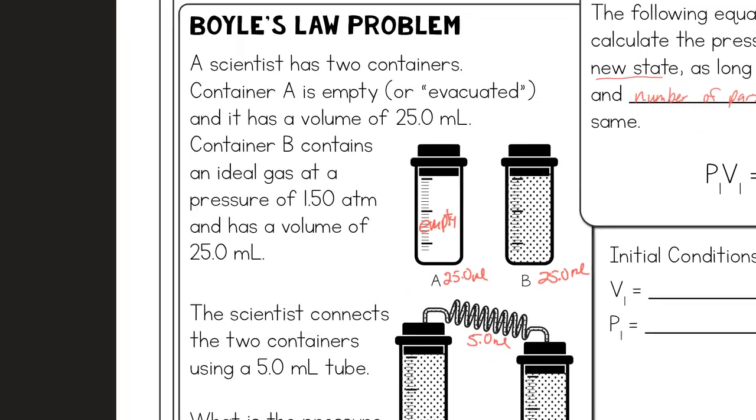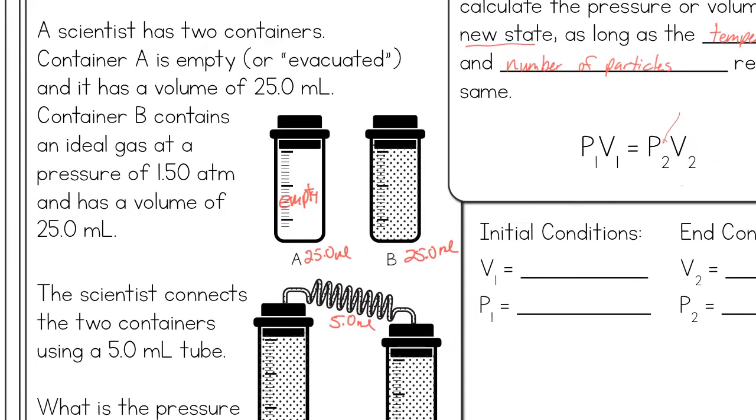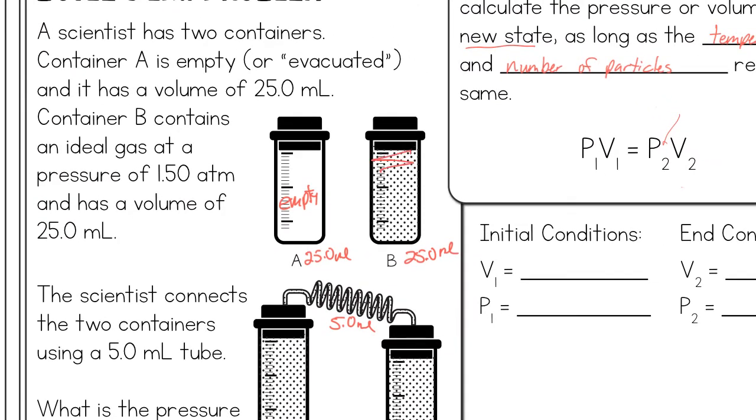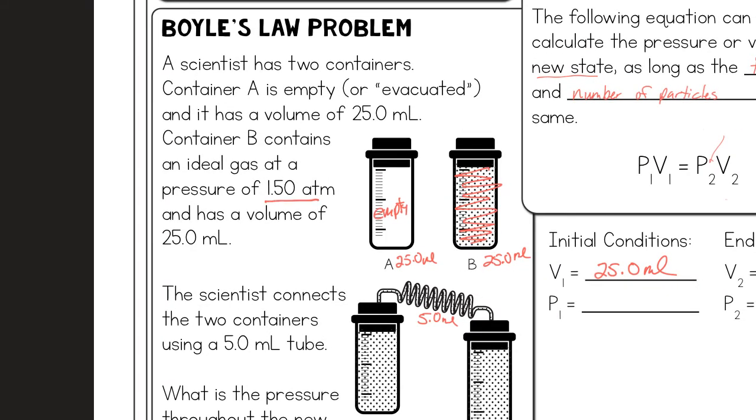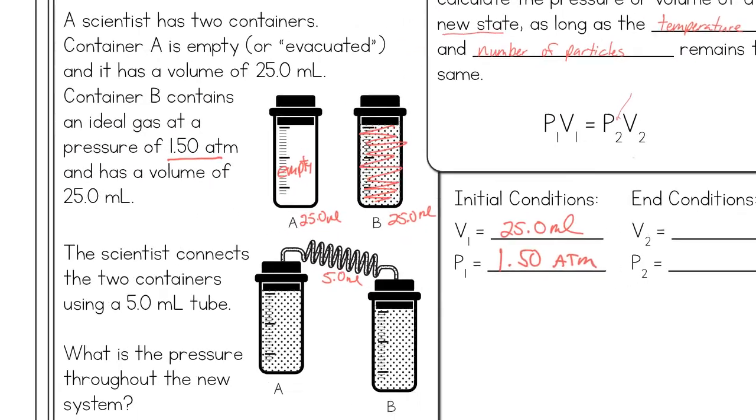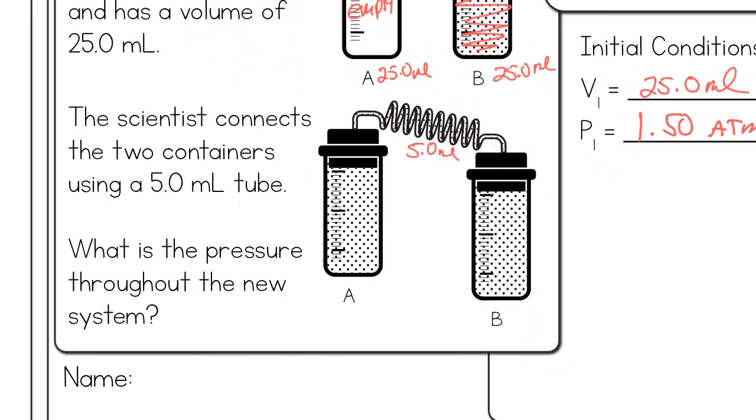Let's go with our initial conditions. So my volume, well, I only have gas in this container, so the volume of gas is 25.0 milliliters. The pressure, it tells us when we're reading the problem, is 1.50 atmospheres. Now let's go for the ending condition. Well, now I can see that I've got gas in this container, and I also have it filling the coil.